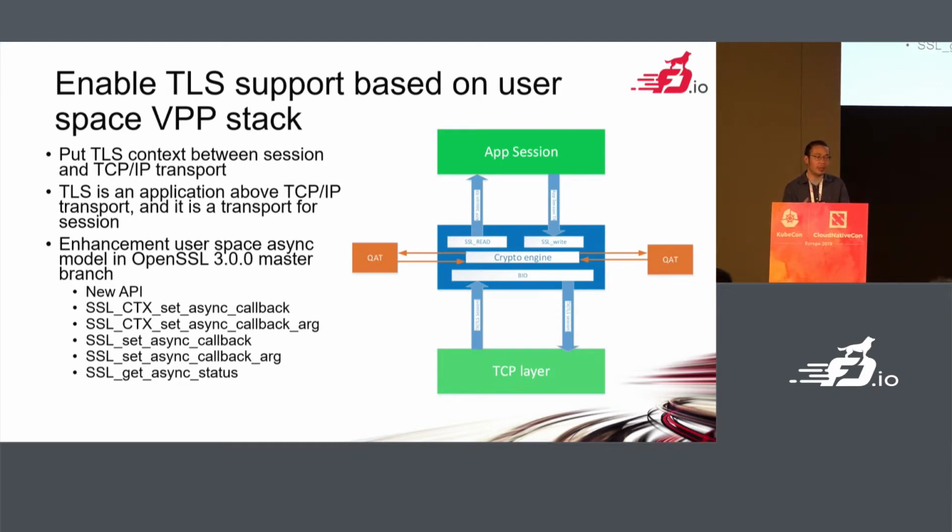By this way, we can obviously improve our performance, and we can also provide this kernel bypass solution so that we don't need anything to talk with the hardware part.